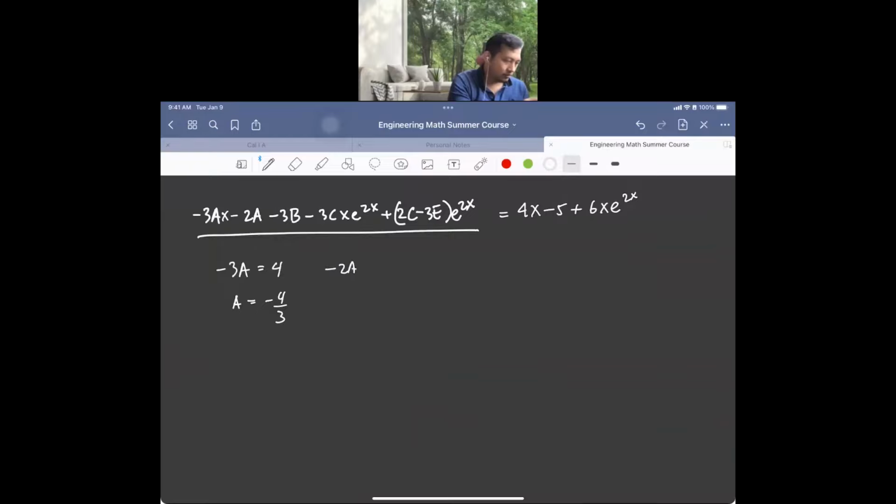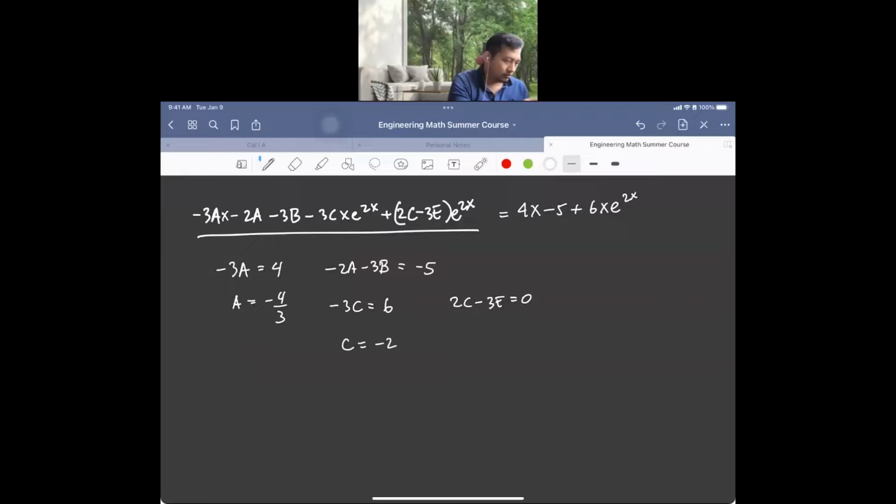And we have negative 2a minus 3b, which is negative 5. And we have negative 3c is equal to 6, and 2c minus 3e is equal to 0. So c we got negative 2.